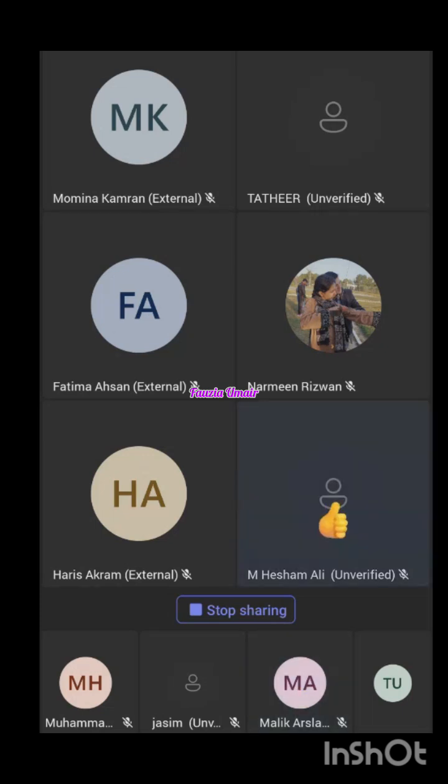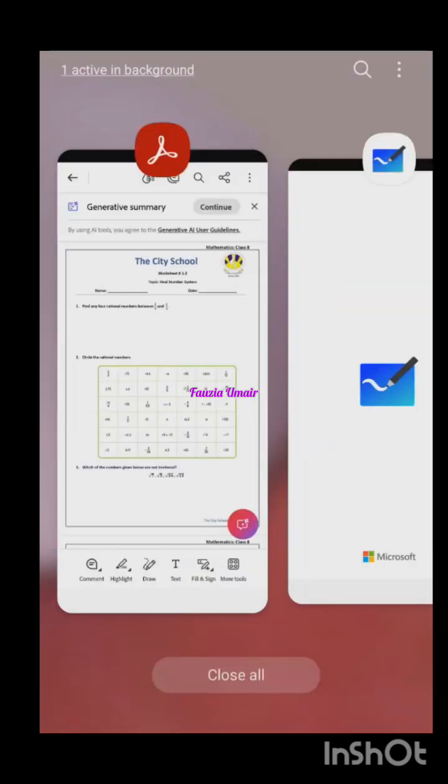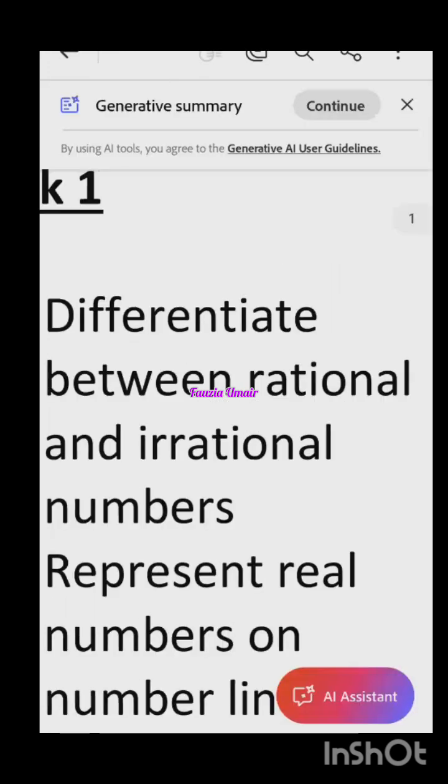All right. So we are going to start the second learning objective, as shown on the screen.